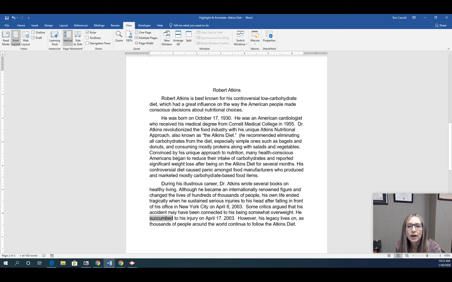Well, here in paragraph 2, he recommended eliminating all carbohydrates from the diet and consuming mostly proteins. So that's step number 1. I would put the pound sign here with number 1. And consuming mostly proteins, step number 2. So I would put the pound sign and a number 2 there.